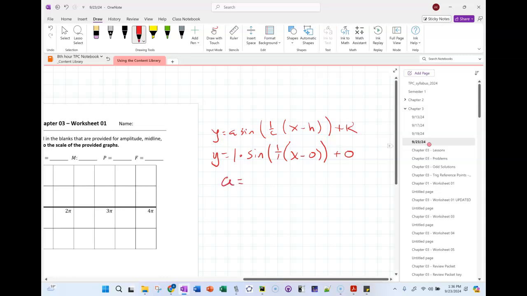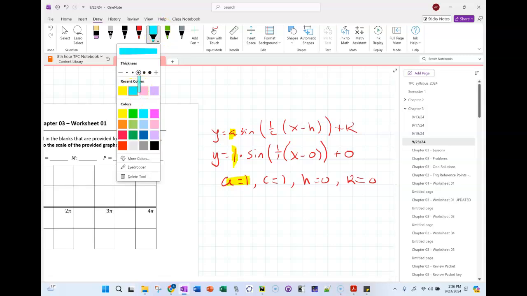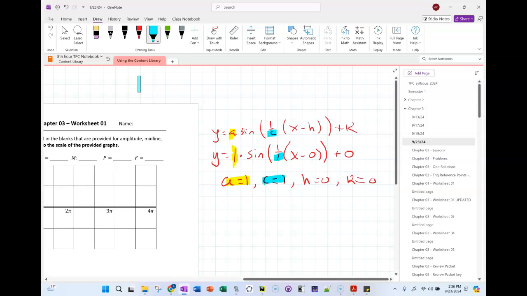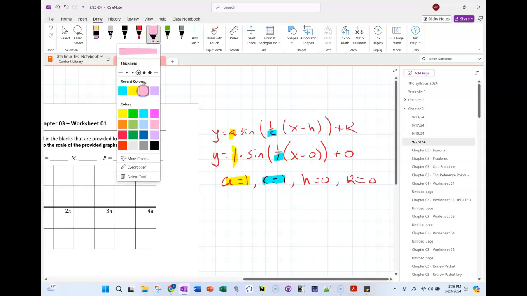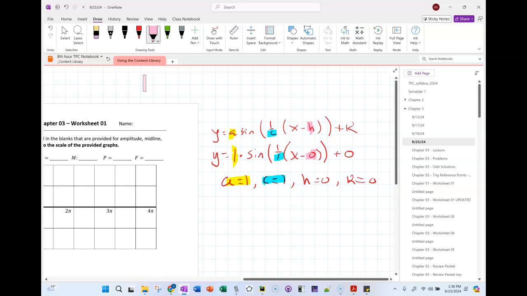So I see the A is 1, the C is 1, the H is 0, and the K is 0. Does that feel okay? And how we came up with that?